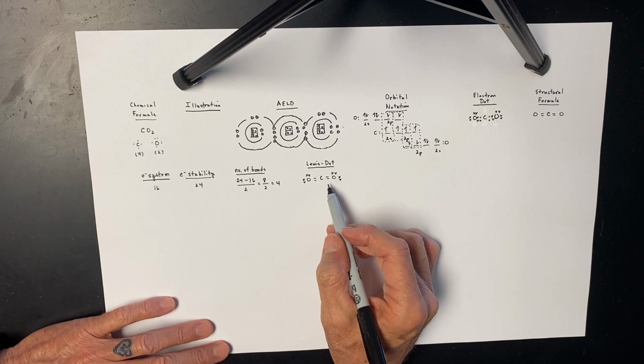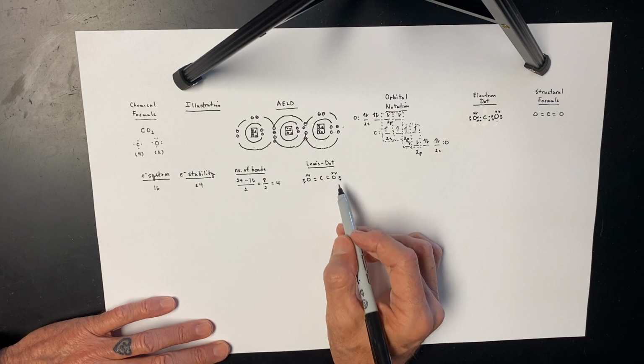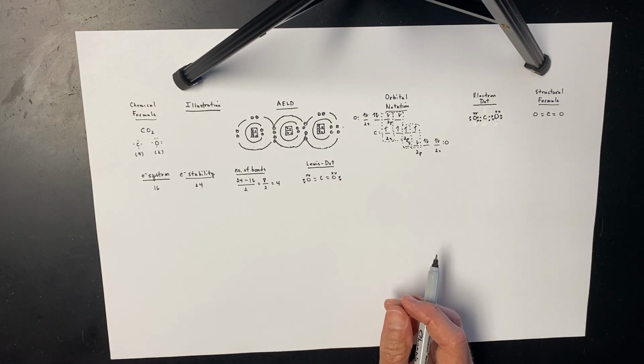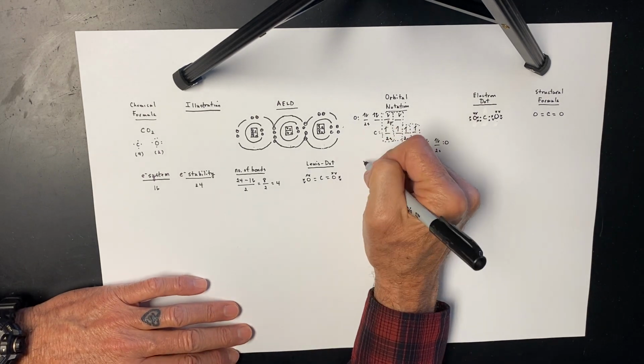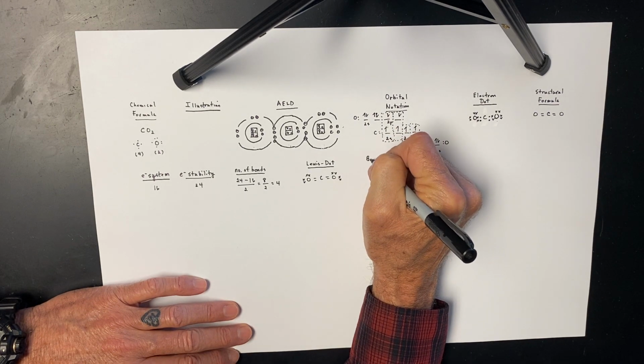Keep in mind that the bonding electron domains are referred to as just that, bonding domains, and the lone pairs are referred to as non-bonding domains.